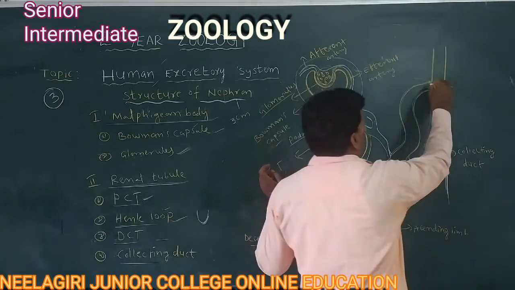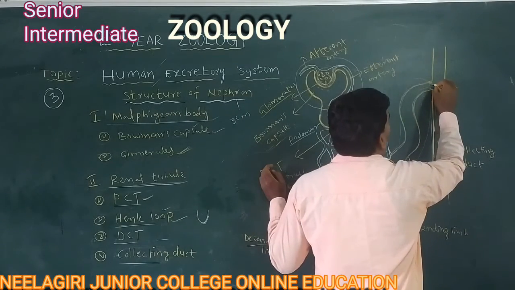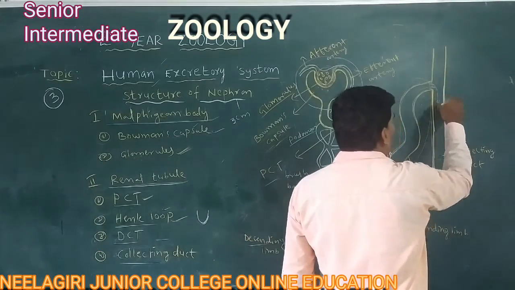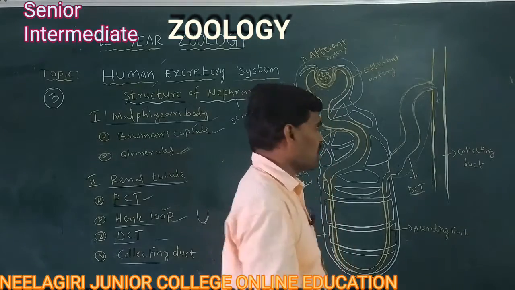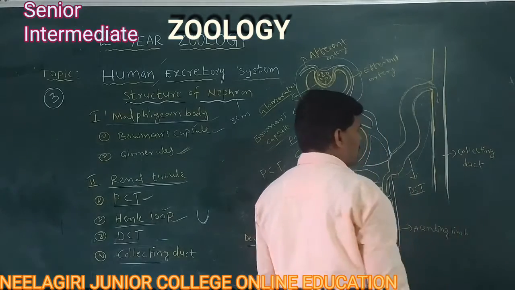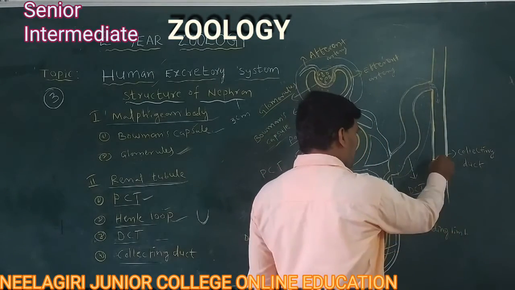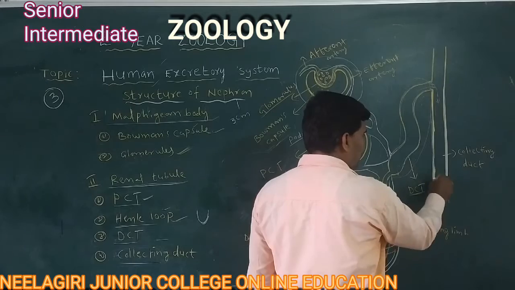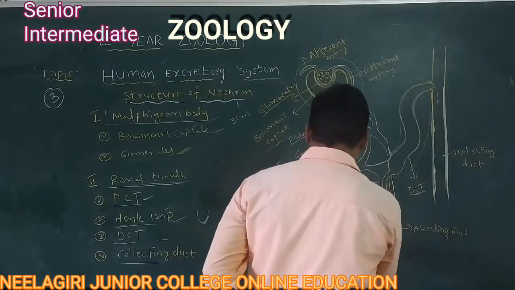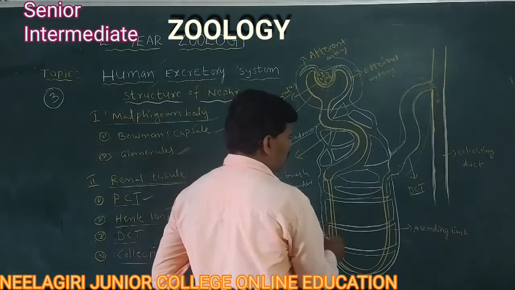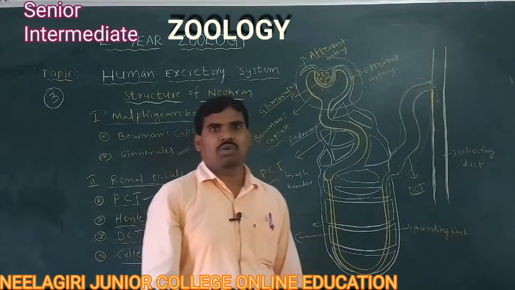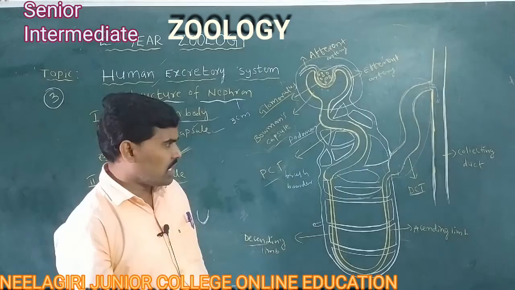There are a number of Bellini ducts, and a large Bellini duct forms and opens into the collecting duct. The collecting duct is a large tube-like structure. The collecting duct finally opens into the ureter, and the ureter opens into the urinary bladder.